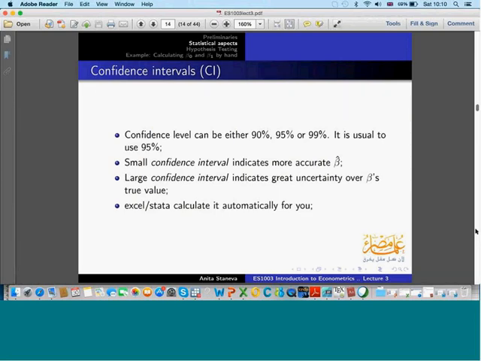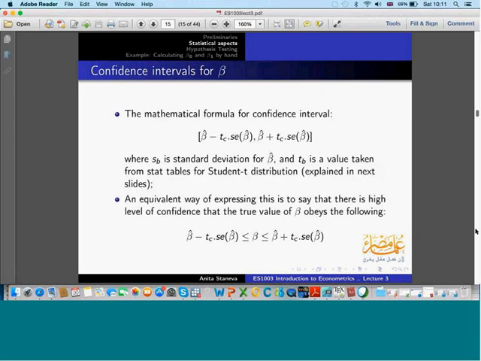Most of today's software calculates this confidence interval straight for you, so you don't need to worry about the formulas. But I'm going to provide you with the formula that you need in order to calculate this confidence interval. So the mathematical formula for confidence intervals is given by this, where you know what beta hat is. This is your estimated coefficient.